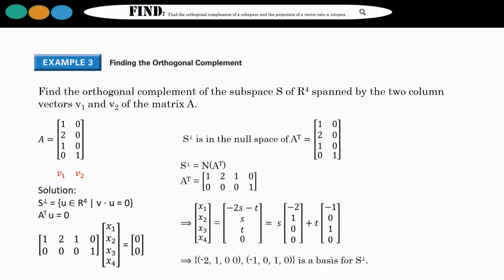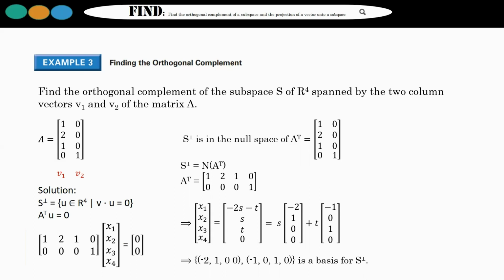So for S, the term is in the null space of transpose A, where transpose A is negative 1, 1, 0, 0, 0, 1, and then we are going to find the null space from our transpose A. For the value of x sub 1, we have 2 x sub 2 plus x sub 3.